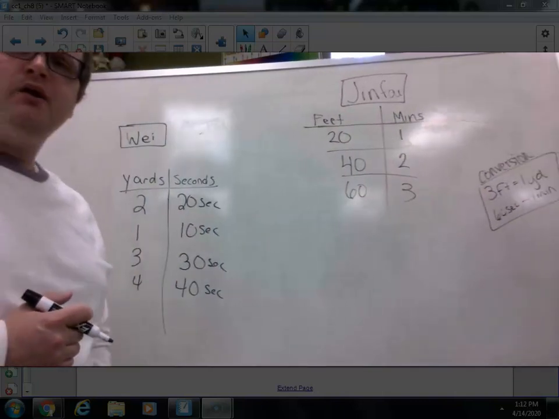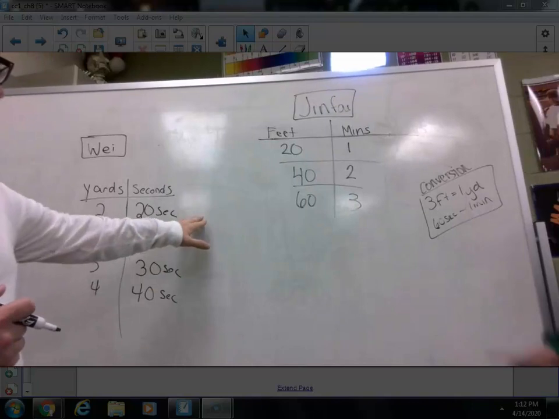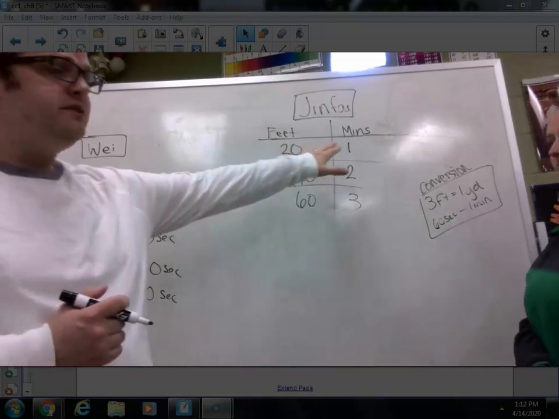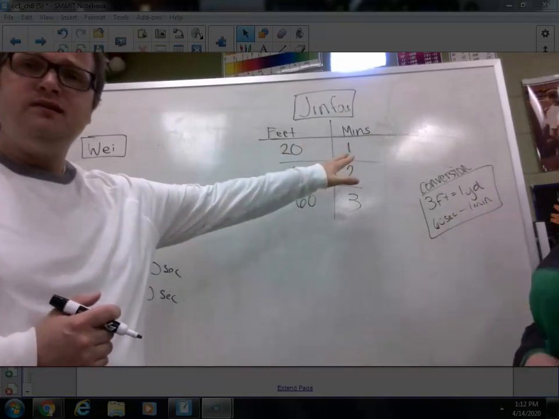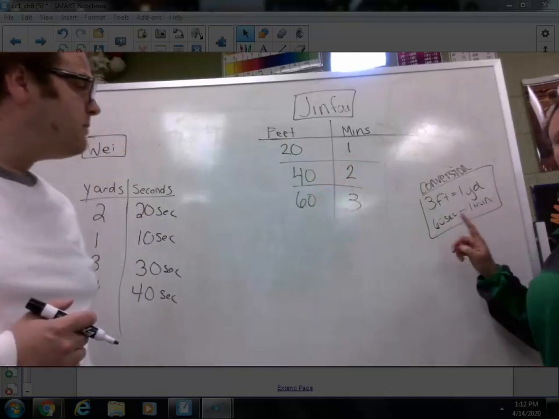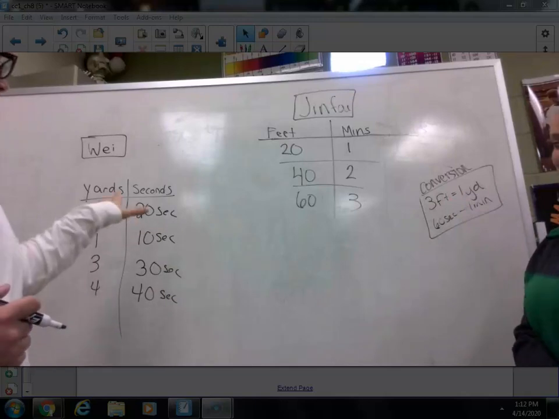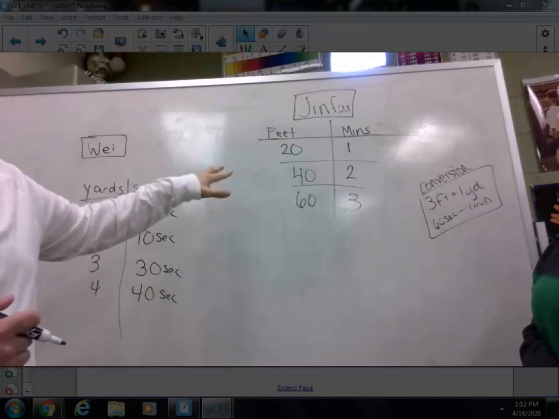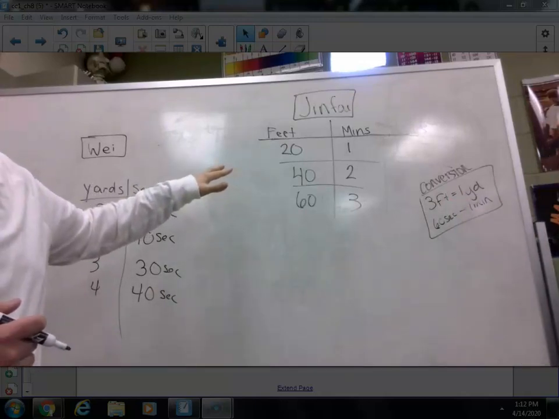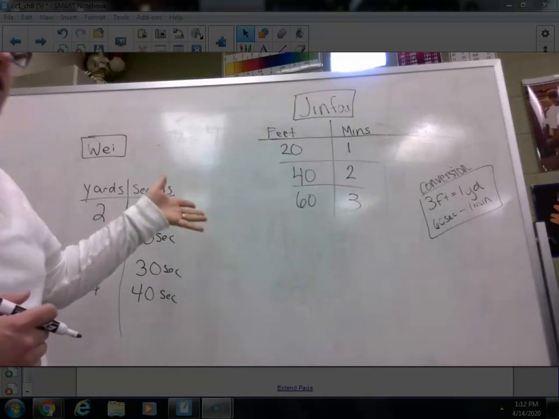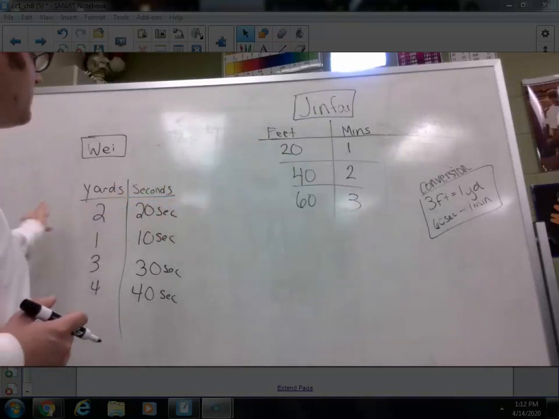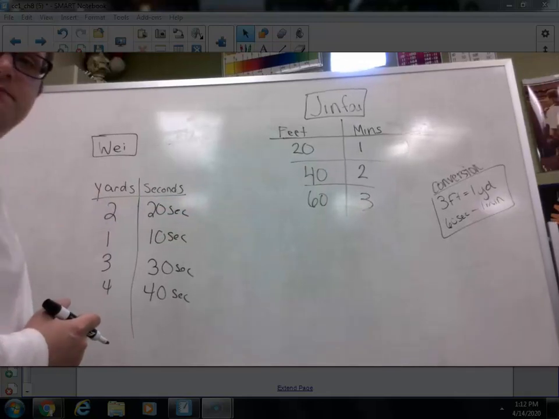We have talked about the connection between seconds and minutes, and we know that there are 60 seconds in 1 minute, but we also know that there are 3 feet in 1 yard. So we can change one of our tables so that they are the same thing, feet and minutes. And for each of us, it may be different.